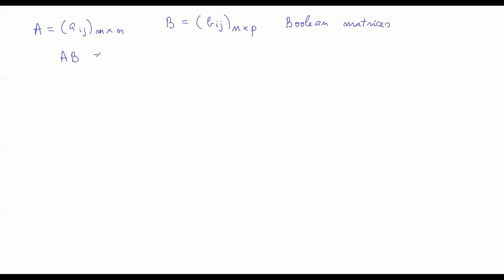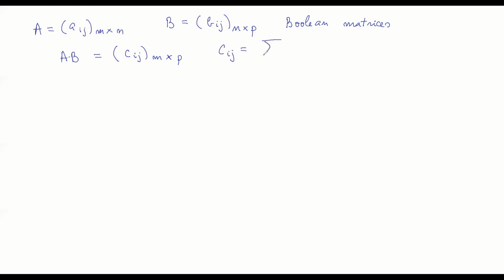It's really going to be A times B, if you like. This is going to be a matrix of type M times P, just like you have in the usual matrix multiplication. The ij entry of this matrix is defined in the following way.